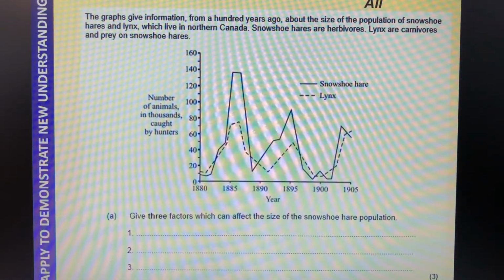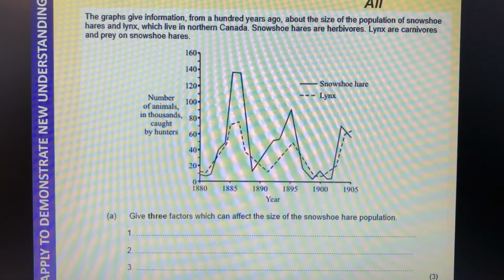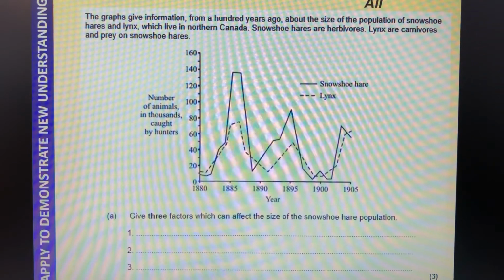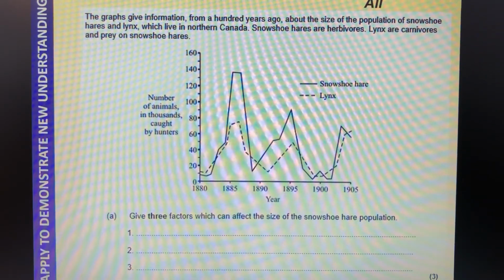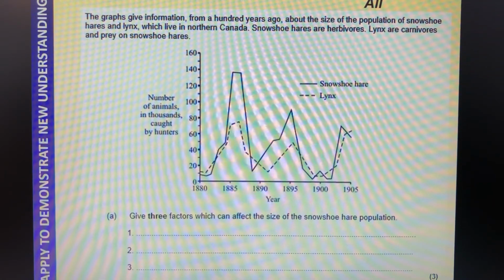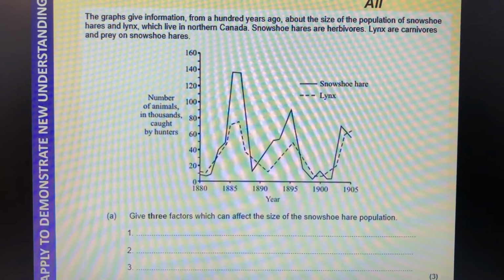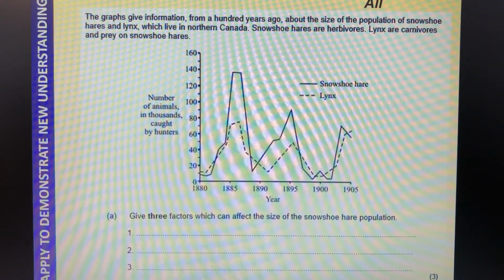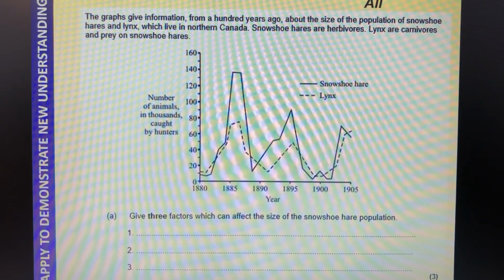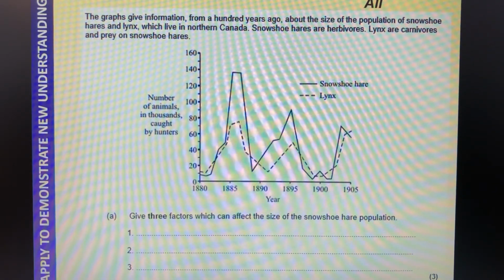And then we've got ourselves an exam question, just one exam question today for everyone. The graphs give information from 100 years ago about the size of the population of snowshoe hares and lynx which live in North Canada. Snowshoe hares are herbivores, lynx are carnivores, and prey on snowshoe hares. So we've got this not quite as even a pattern, but obviously using true data, but we can see that cycle going up and down.